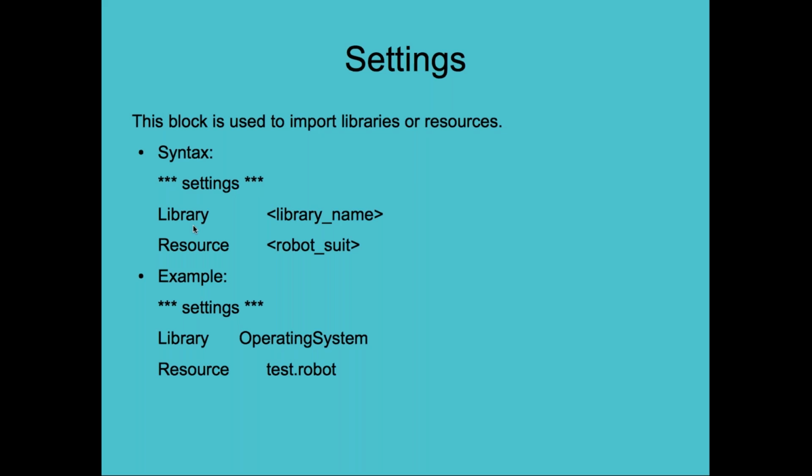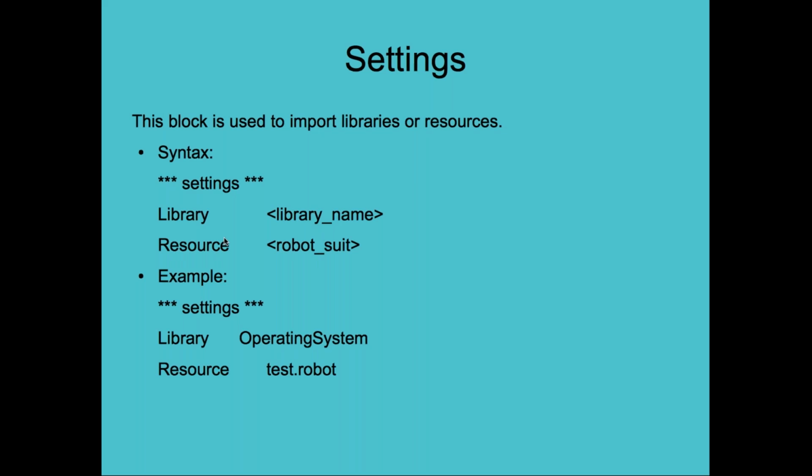To import a library, whether a Python library or a robot suite, we can use Library and the library name. Similarly, if you want to import a robot suite into some other robot suite, we can use Resource and specify the robot suite name.